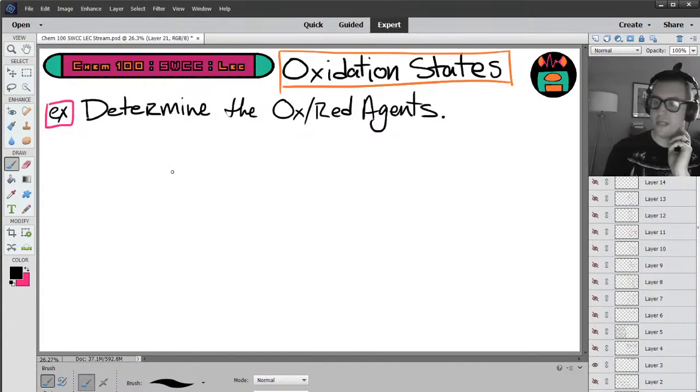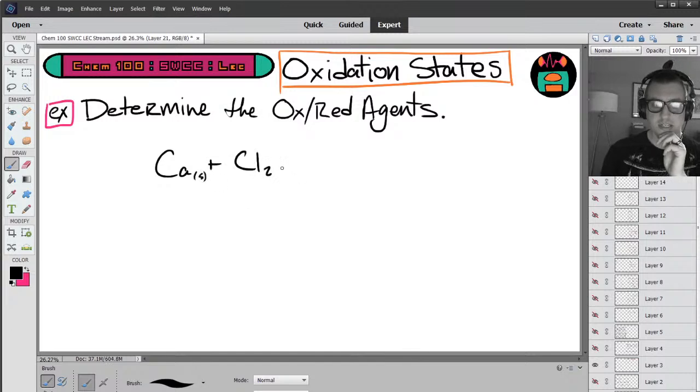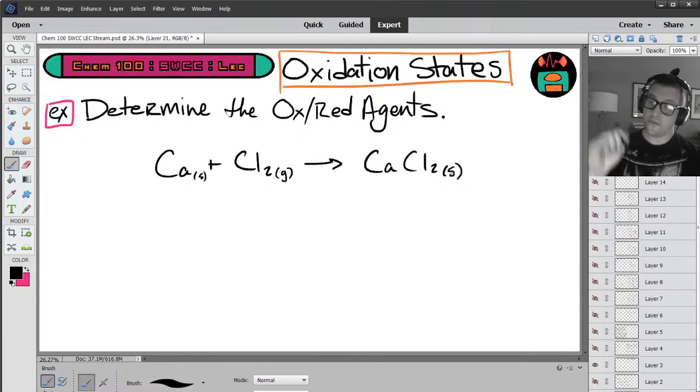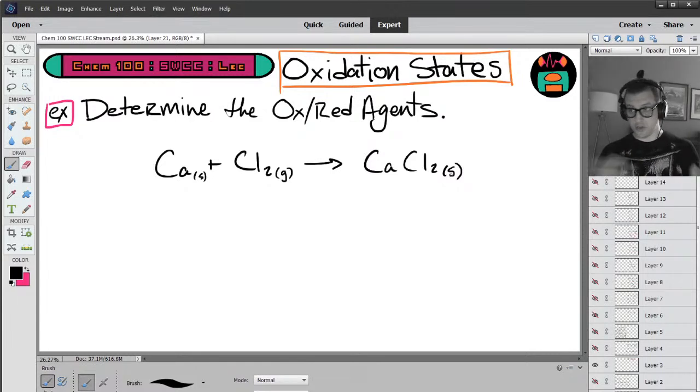So let's go ahead and start with the reaction between solid calcium and chlorine gas to produce solid calcium chloride. If you are going to determine what your oxidizing and reducing agents are, you first need to assign your oxidation state so you can figure out who's being oxidized and who's being reduced.